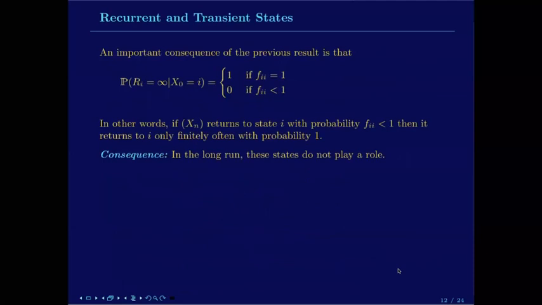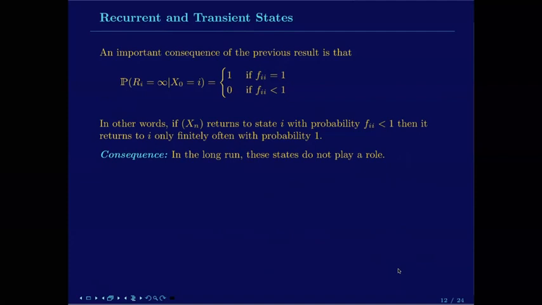Now, an important consequence of this result is that as we let r tend to infinity, the question of what is the probability that the Markov chain returns infinitely many times to the state I either takes the value 1, namely if f_ii equals 1, or it takes the value 0, namely if f_ii is smaller than 1.